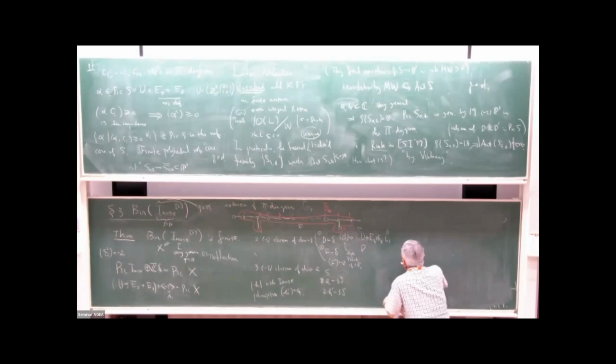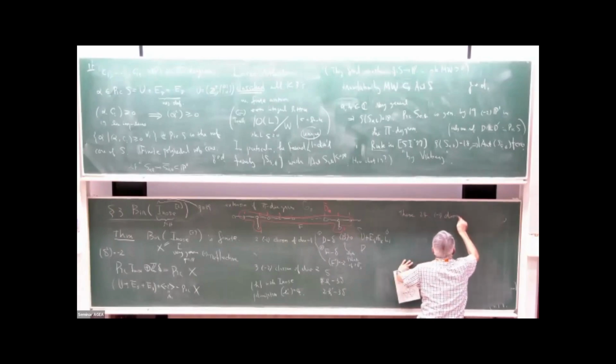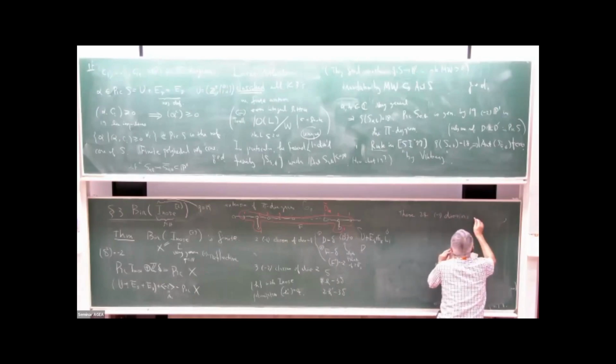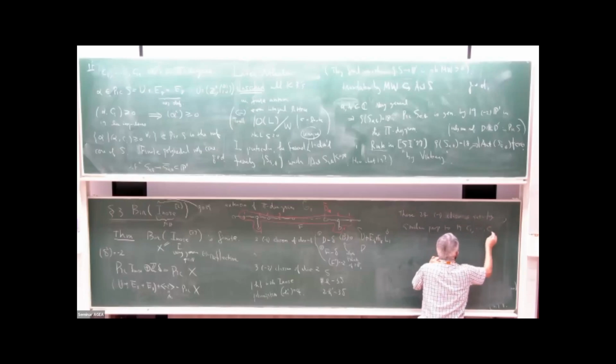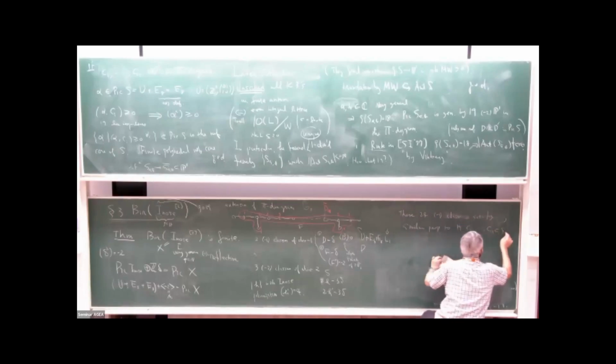And so how many? 18 plus 2, so these 24 minus 2 classes satisfy a similar property to the 19 classes.